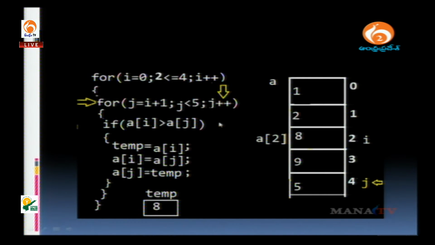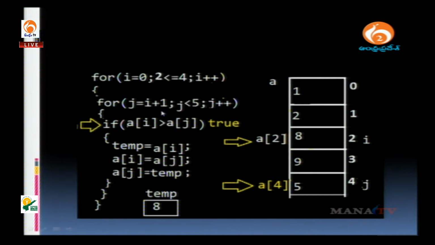When the if condition becomes false, control goes to the next iteration, that is j++. Right now j is 4, incremented by 1. Next check the condition: 4 less than 5, which is true.